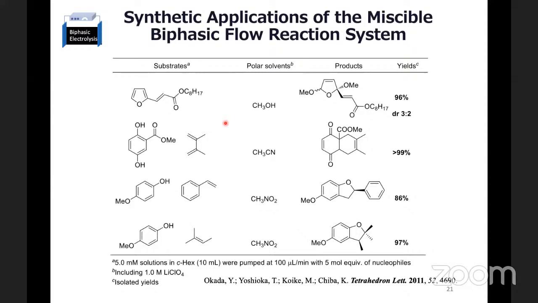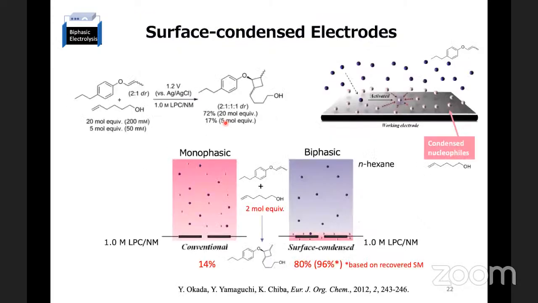Relatively good results are obtained using methanol, acetonitrile, and nitromethane as polar solvents, respectively. Shown here is an example of an electrolytic reaction system consisting of a biphasic solution system of normal hexane and nitromethane. This reaction system involves the coupling of two types of olefins, which will be explained later.